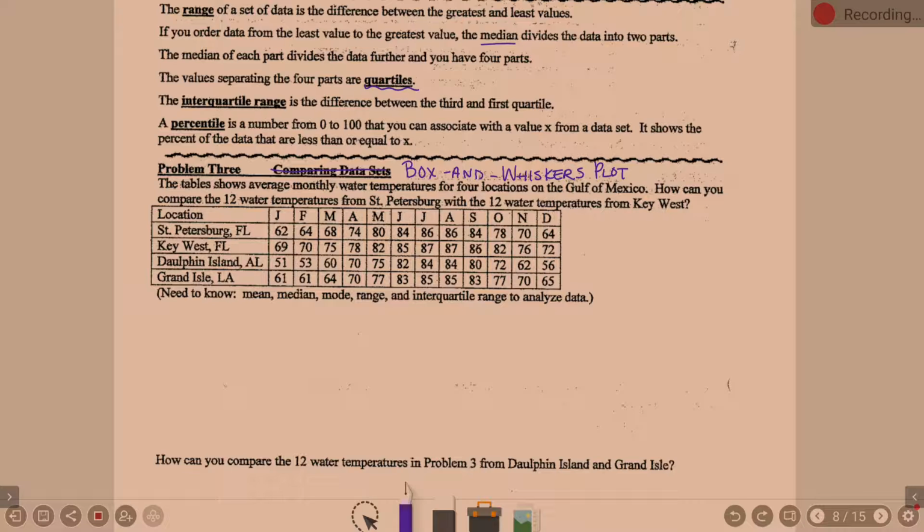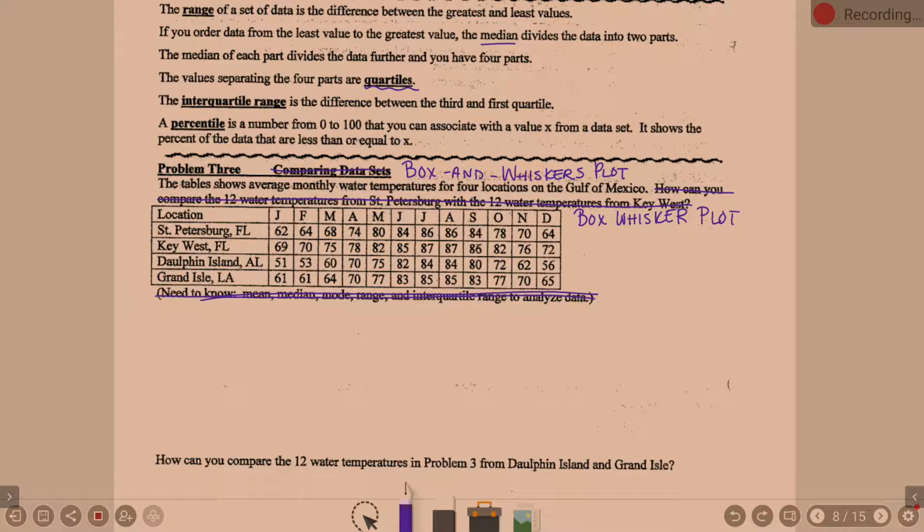Now, okay, this table shows average monthly water temperatures at 4 locations. As I said, we are not going to compare the water temperatures. I'm changing this on the fly, but we're going to do a box and whisker plot. And in order to do a box and whisker plot, I'm going to pick a city.